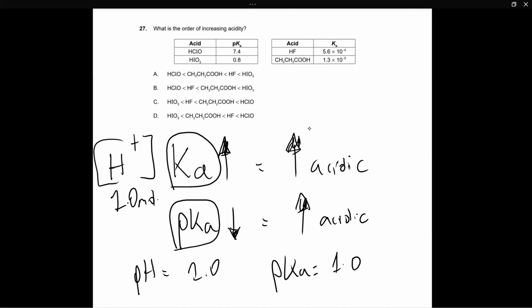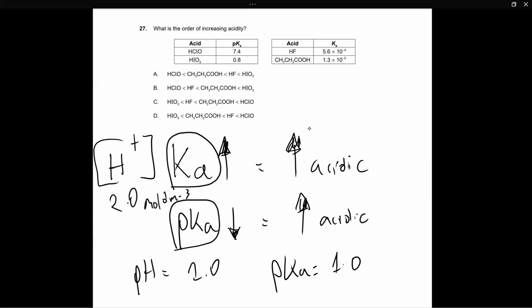So the higher the value of the Ka, the stronger or the more acidic that substance is. If the concentration of hydrogen was 2, then the substance would be even more acidic. Hopefully that makes sense. Just a confirmation, the concentration that I was looking at is mole per dm cubed, not mole, sorry. Anyways, so the higher the Ka, the more acidic the substance, and the lower the pKa, the more acidic the substance.